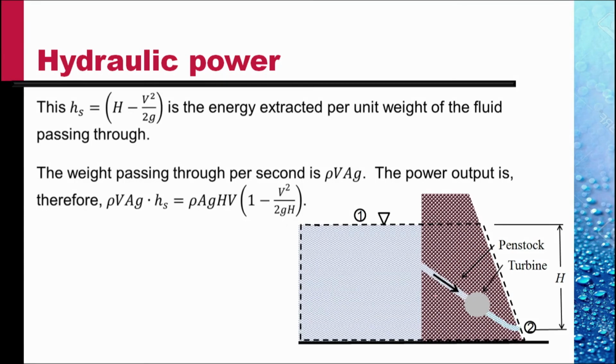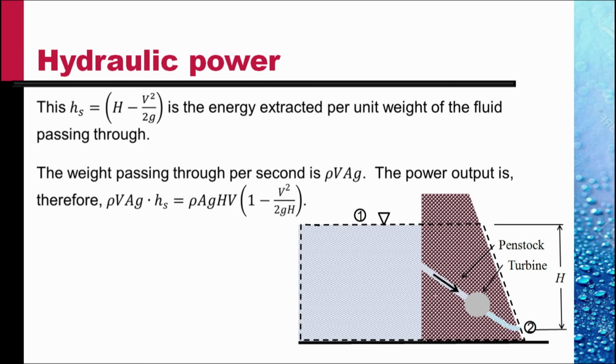Thus, Hs is equal to capital H minus V square by 2g, which is the energy extracted per unit weight of the fluid passing through. The weight passing through per second is rho VA times g.